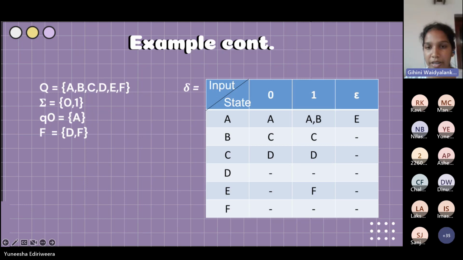When the input 1 is given, it can either stay in the same state or transition to the next state. And when a null input is given, it will transition straight to the state E. For inputs and symbols that do not have any transitions in an NFA, they can remain as empty sets. Next slide, please.